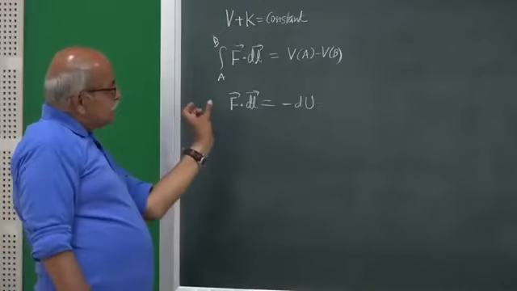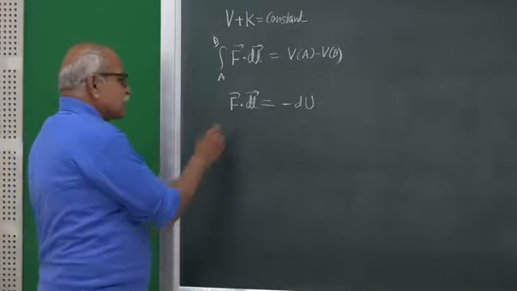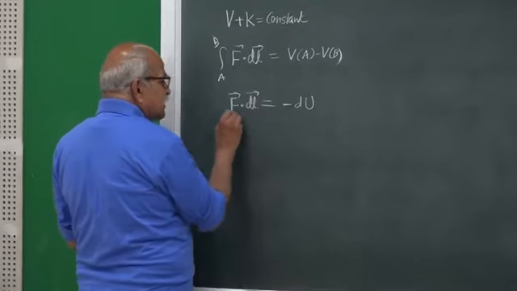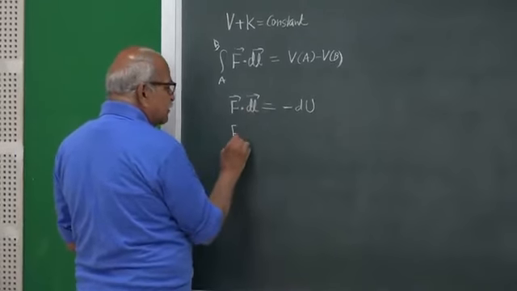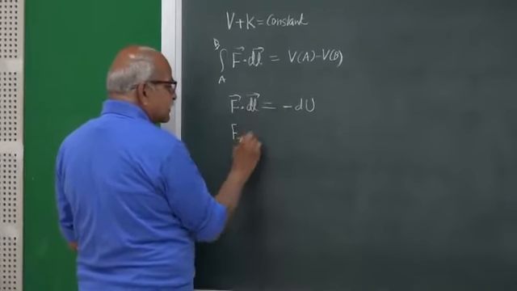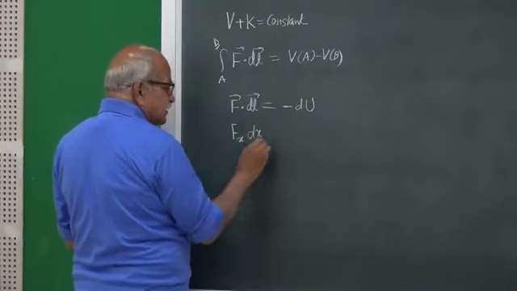Now, this gives me another beautiful equation. If I write in component form, this will be Fx and dl is dx.